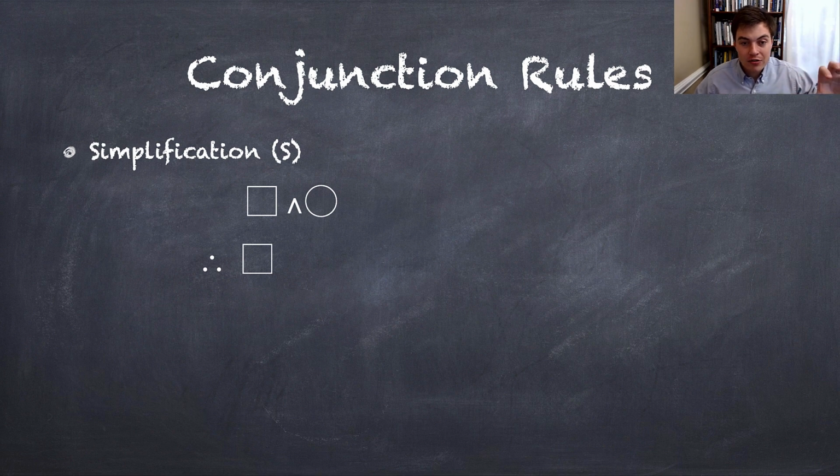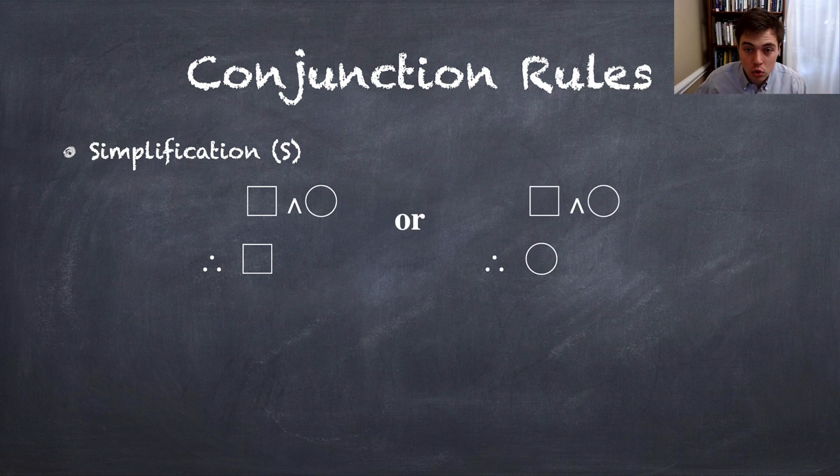If you have box and circle, you can infer validly, therefore box.